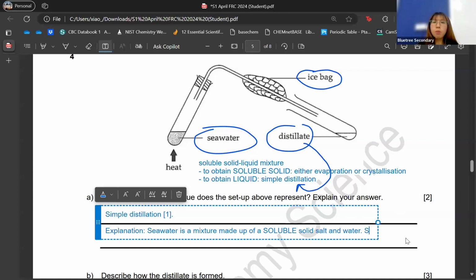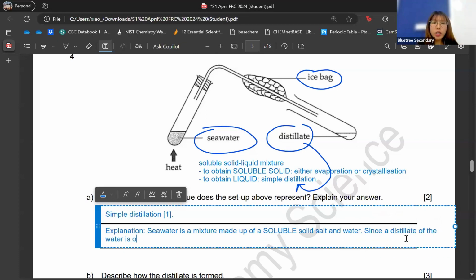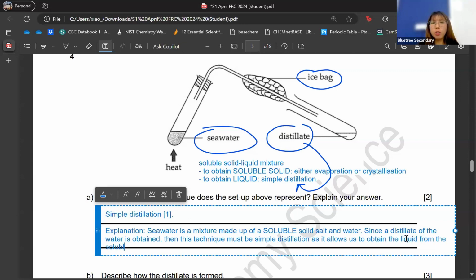Based on the diagram, what we observe is that since a distillate of the liquid, which is our water, is obtained, then this shows that the technique must be simple distillation, as it allows us to obtain the liquid from the soluble solid liquid mixture.